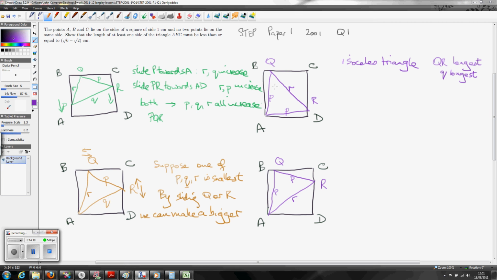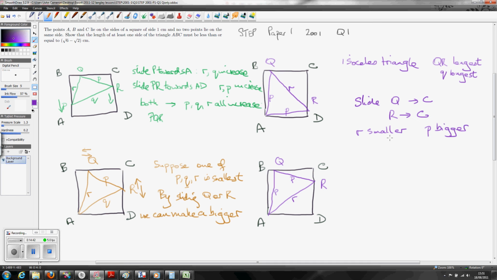In this upper one here, we have the longest side being QR, and in this case, if we slide Q towards C and R towards C in such a way that it remains an isosceles triangle, then r gets smaller and both p's get bigger, and the whole triangle therefore gets bigger.